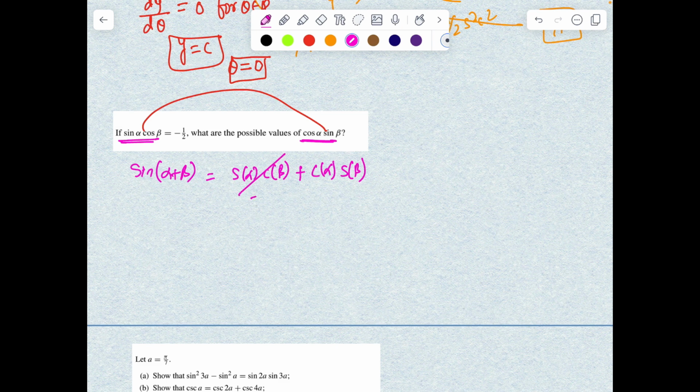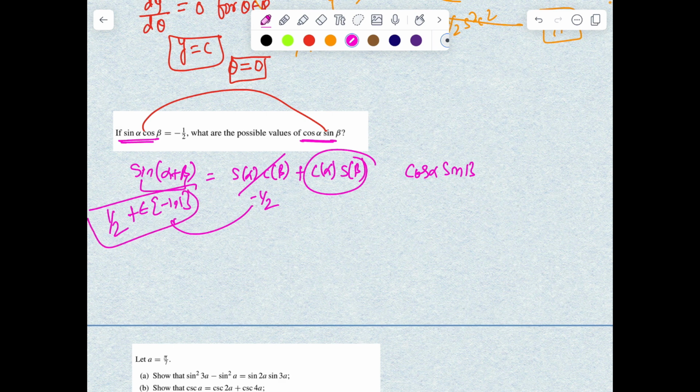Now here, if I put the value of sin alpha cos beta as minus half, and this itself dances from minus 1 to 1, that gives a window on cos alpha sin beta. You put minus half that side, so it will be plus half. So it's half plus minus 1 and half plus 1. So this belongs to minus half to 3/2.